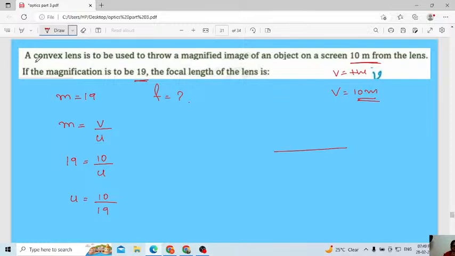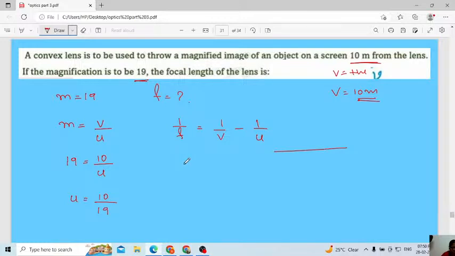Always remember in the case of a convex lens, in which case you will get the enlarged image, that image it will be backside. Then use the formula, 1 by f is equal to 1 by v minus 1 by u.